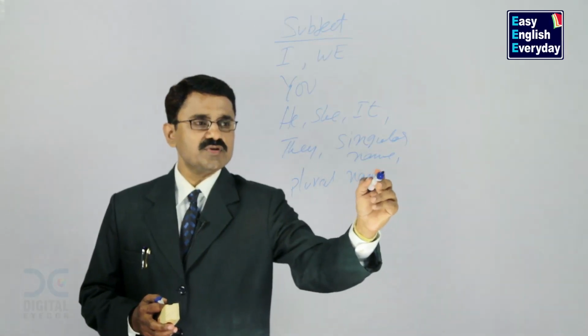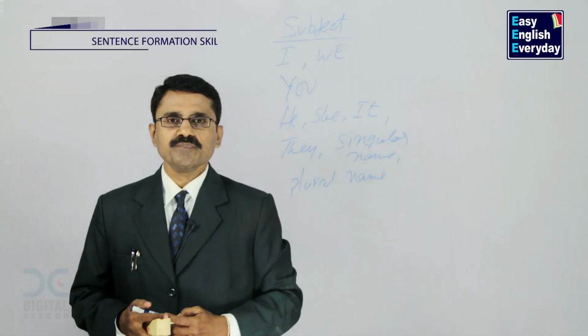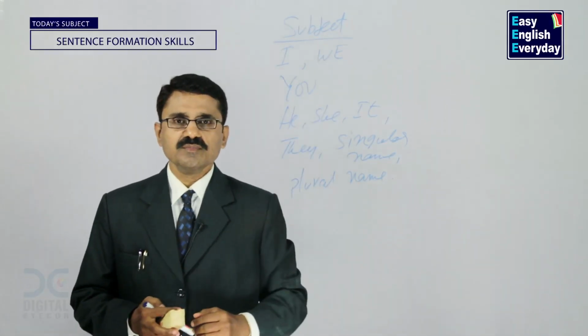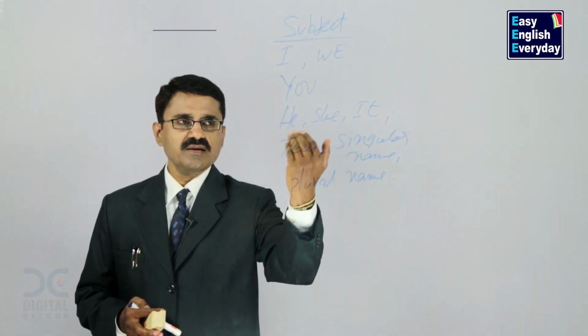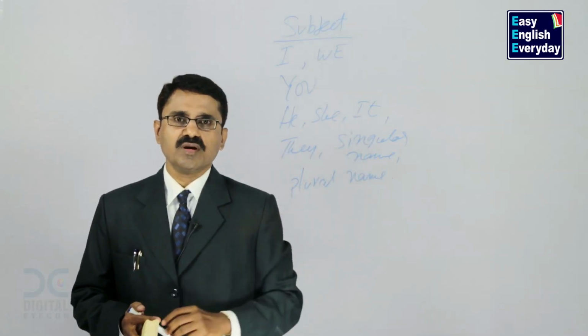These are the 3 types of subjects: first person, I and we; second person, you; third person, he, she, it, they, singular name and plural name.